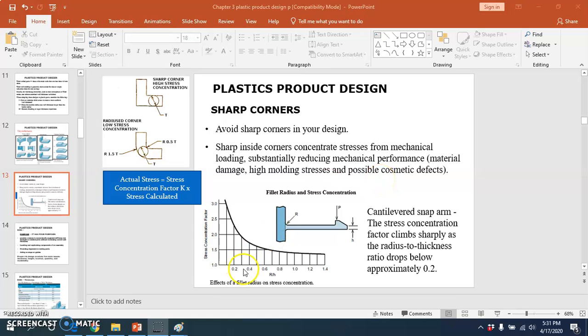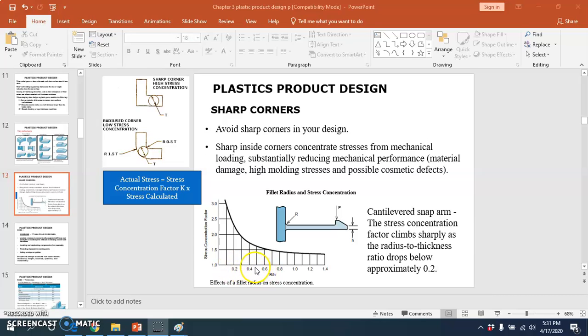An example shown here is the part of a cantilevered snap arm. The stress concentration factors here vary with radius for a given height. This is H for height. As can be seen from the chart, the stress concentration factor is quite high for radius over height values less than 0.5.